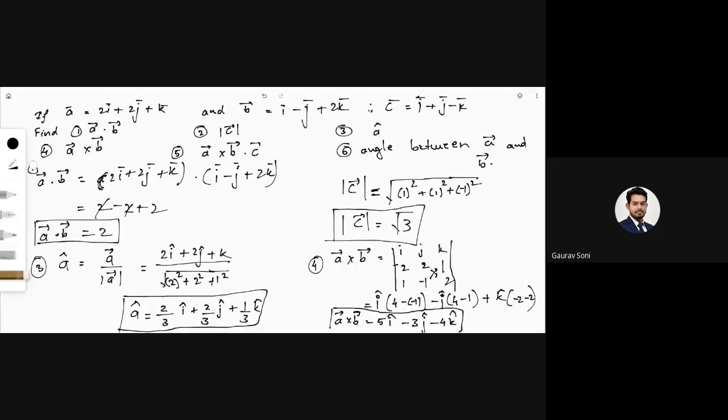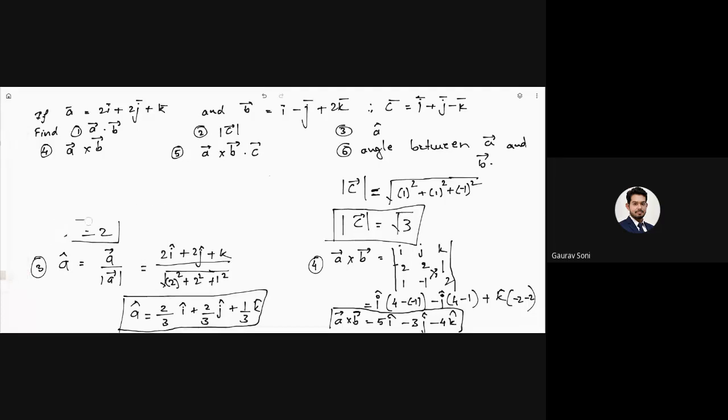Fifth one, A bar cross B bar dot C bar. Determinant x1, y1, z1.